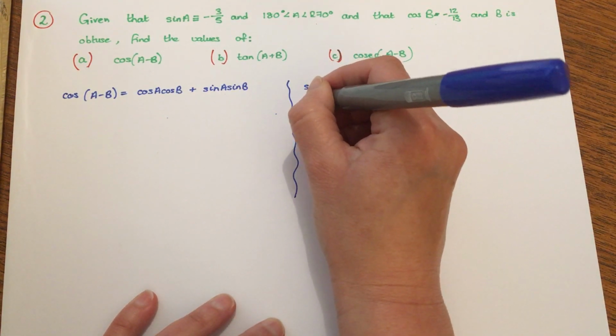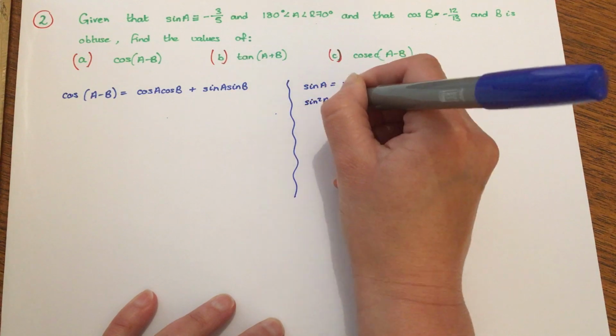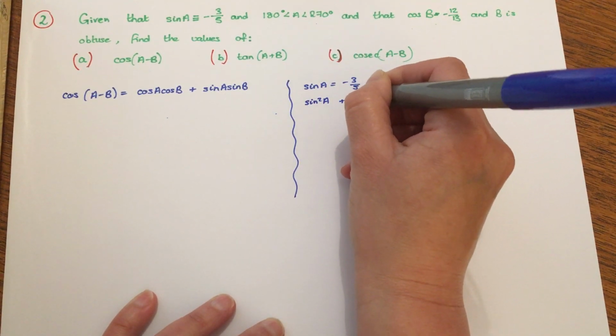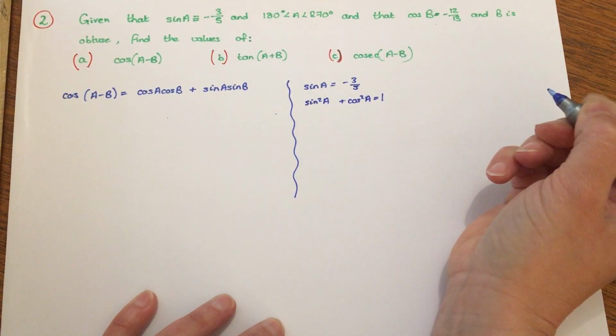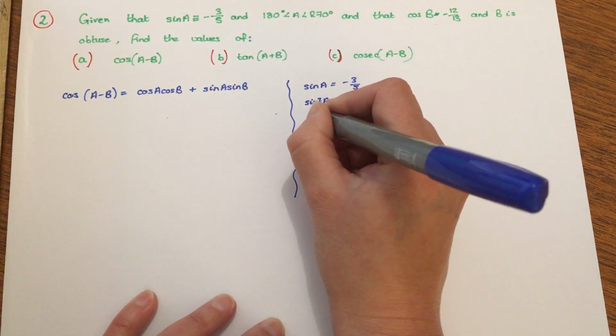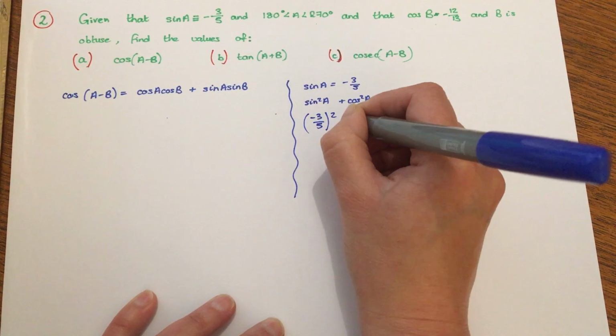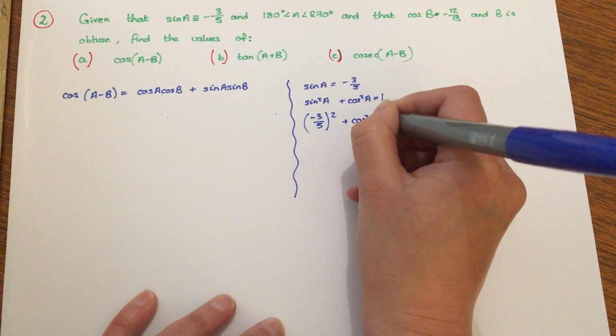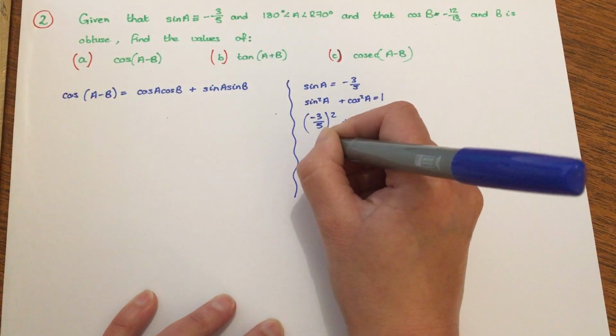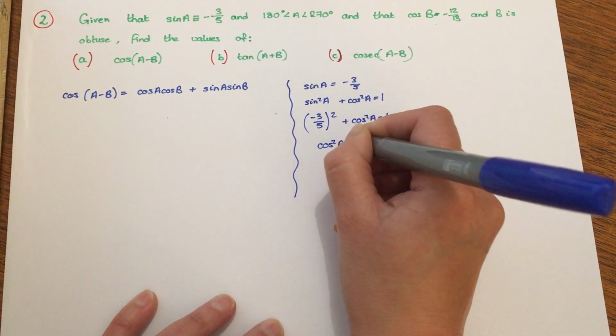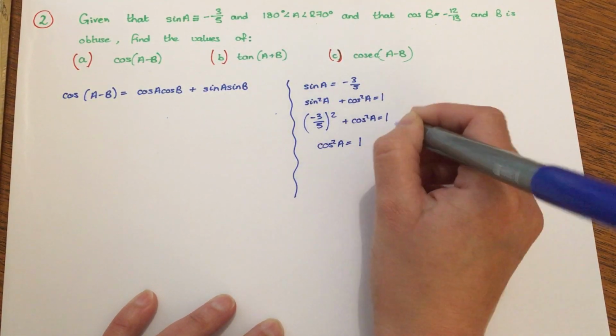So let's think about that. Sine squared A plus cos squared A is 1. Sine is minus 3/5, so I've got minus 3/5 squared plus cos squared A is 1. So I now know that cos squared A is 1 minus this.